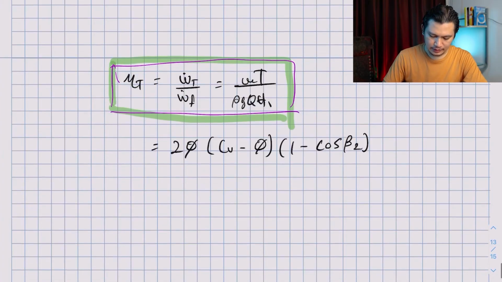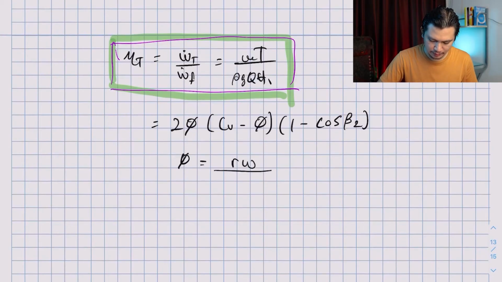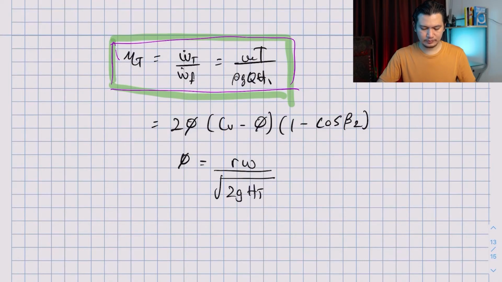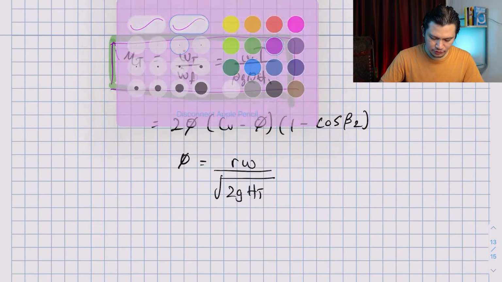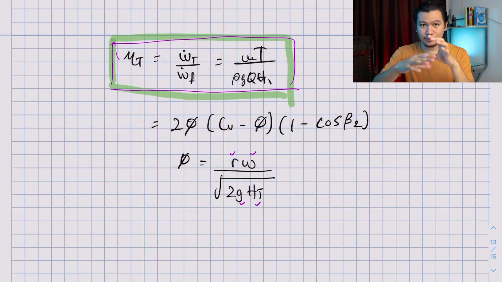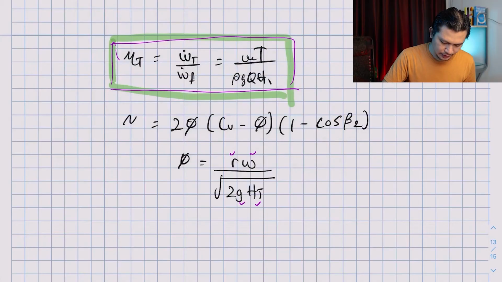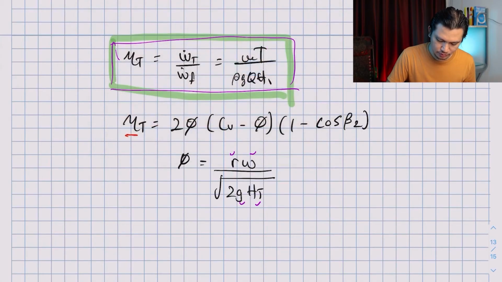And this phi is a combination of parameters, which are R times omega divided by the square root of 2 g H T. The reason these are combined together is that usually R, omega, g and H T in an operational turbine will remain fixed. So now this is eta T, and I can plot the relationship between eta T and phi.